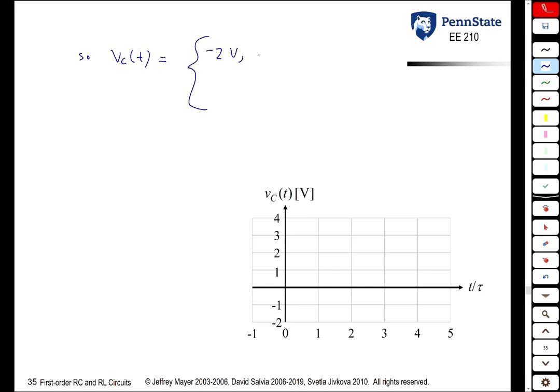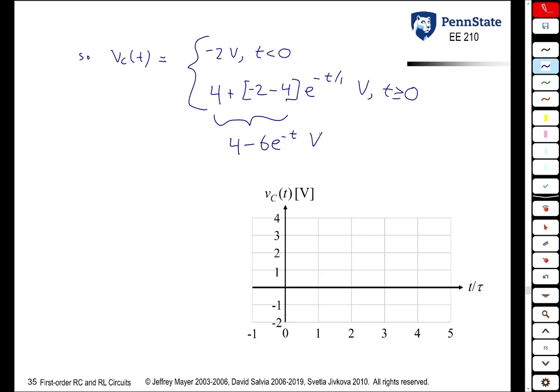It's minus 2 volts for t less than 0. For t greater than or equal to 0, it's going to be VC of infinity plus VC of 0 plus minus VC of infinity e to the minus t over tau. And this second expression could be rewritten as 4 minus 6 e to the minus t volts.